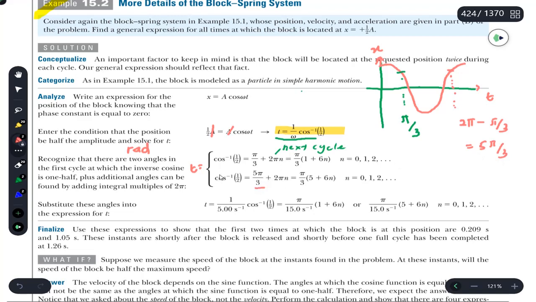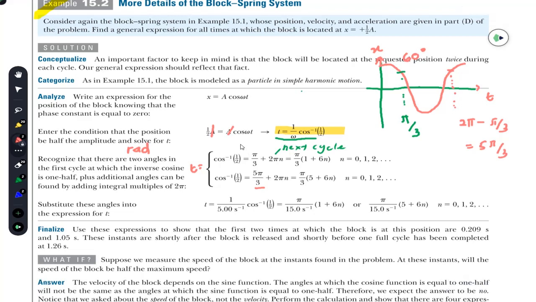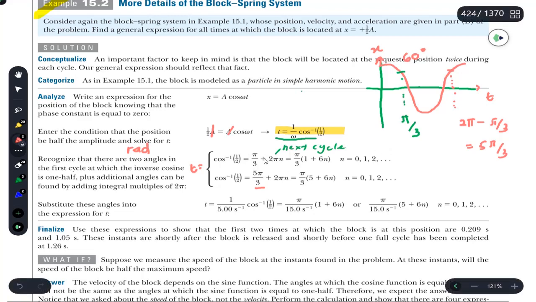Okay, let's get back here. So by referring to trigonometric function, okay, 1 over 2 is actually equivalent to pi over 3, okay, or 60 degree. 60 degree. That's how I arrive with this product. Okay. Now, in order to get other position during the next cycle, add on the next cycle, which is called 2 pi n.